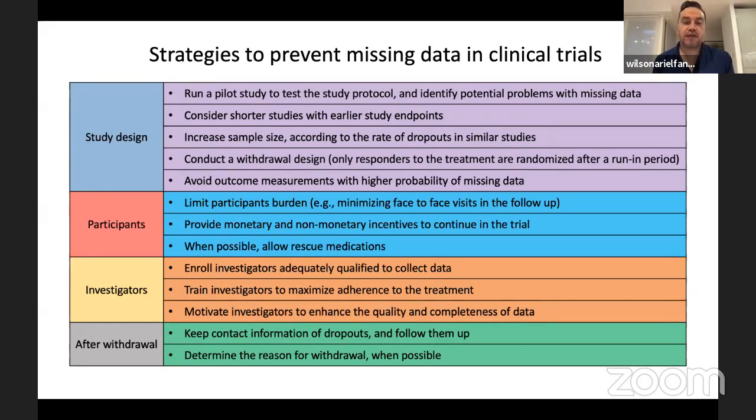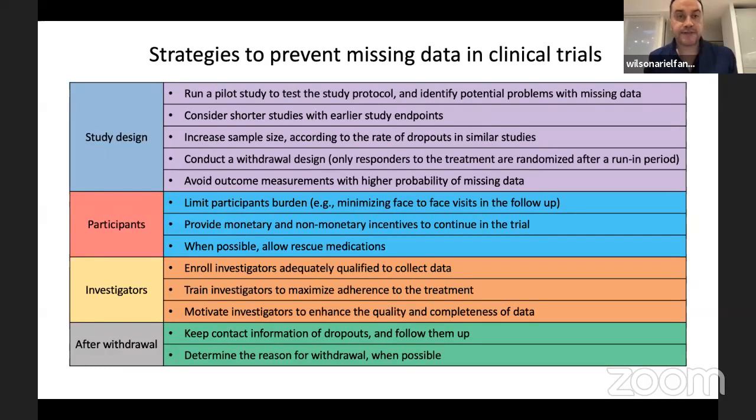But following them up by a phone call shouldn't really bother them. So yes, this is a great strategy as well. As much as you can plan beforehand, the better for your prevention strategies.